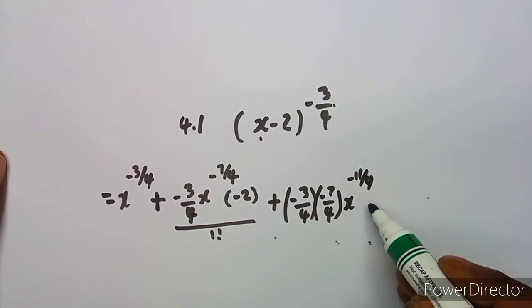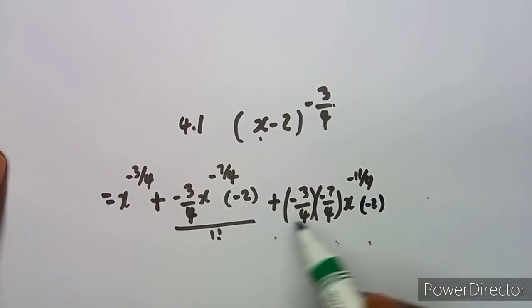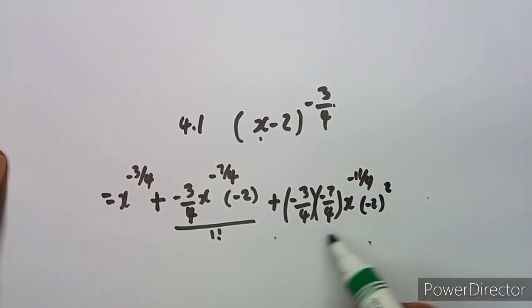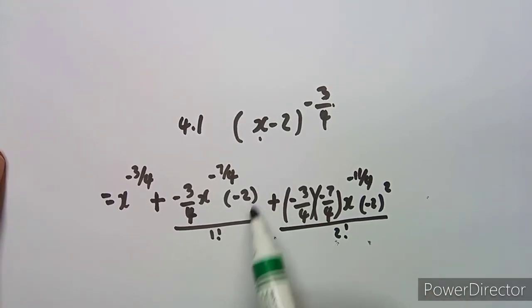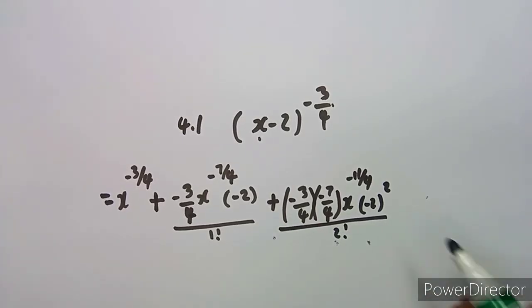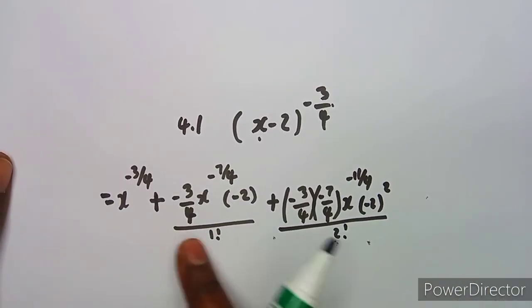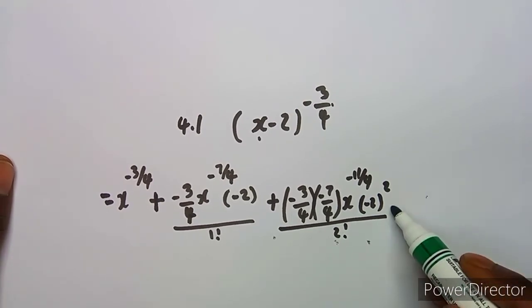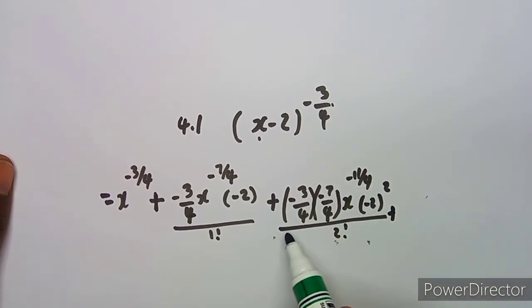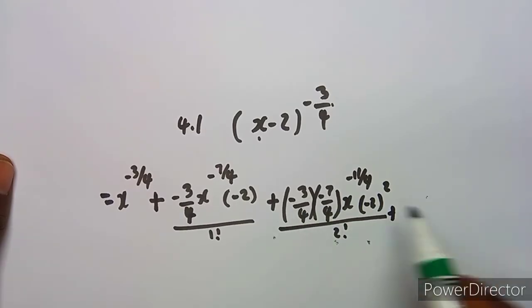Then -2 increases, so it's -2 now to the exponent of 2 over 2 factorial. So this was to the exponent of 1, that's why we have 1 factorial. So we've got 3 terms now, but we are given up to 4 terms. So we need another last term, which is plus. We drop the exponent again, but look how many exponents are there.